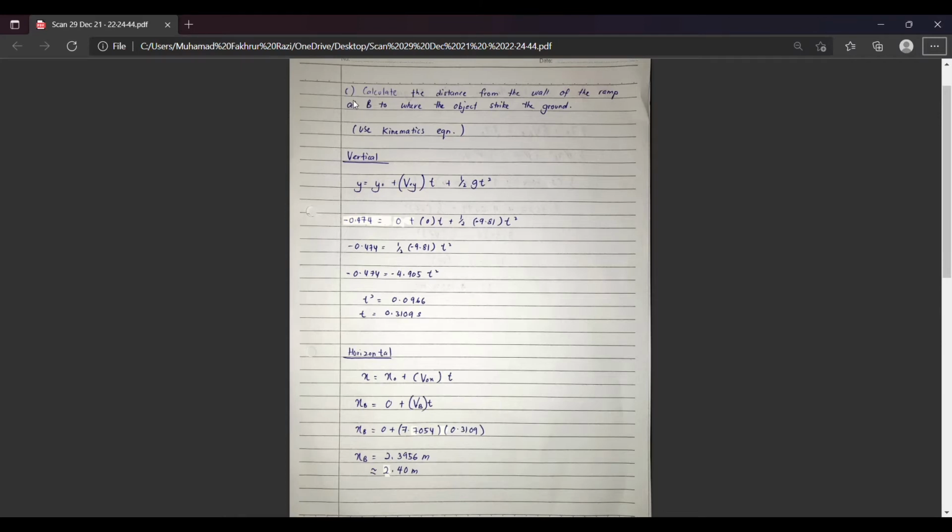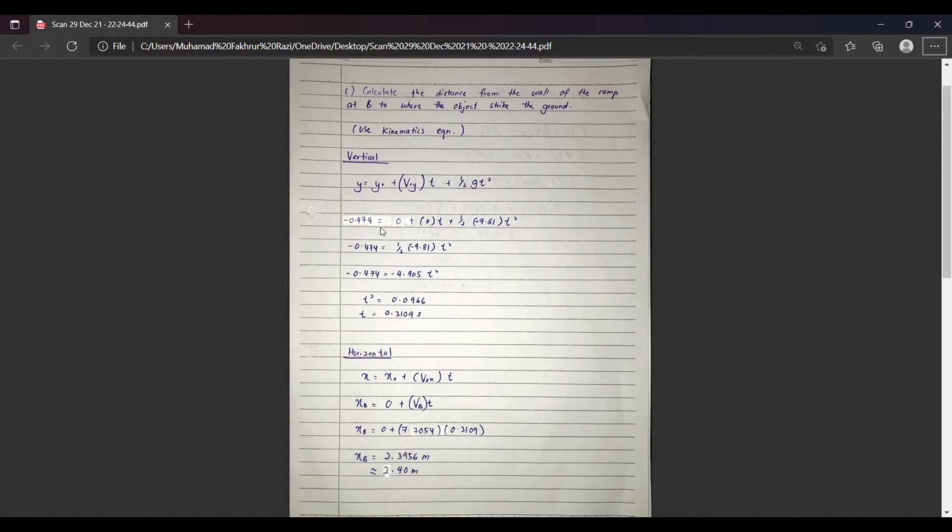For question C, calculate the distance from the wall of the ramp at B to where the object strikes the ground. First, we use kinematic equations for vertical and horizontal. For vertical, y equal to negative 0.474 because the object is moving downward.